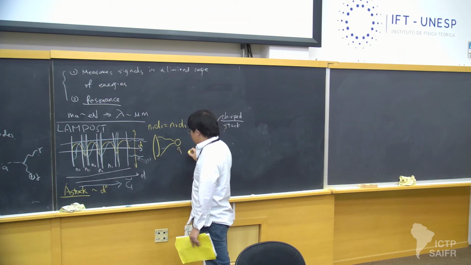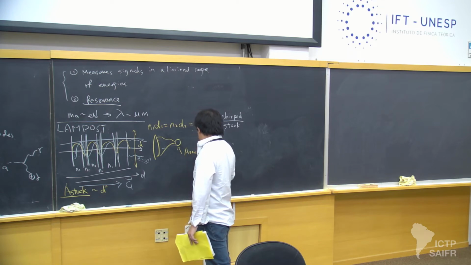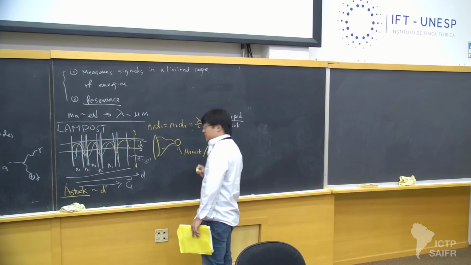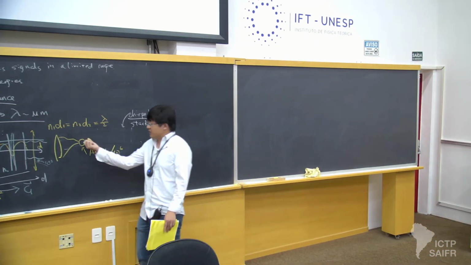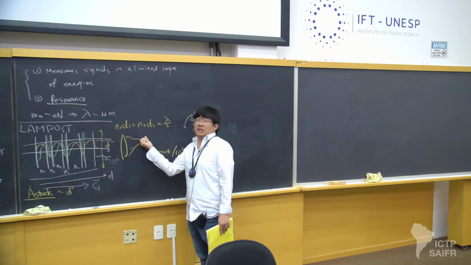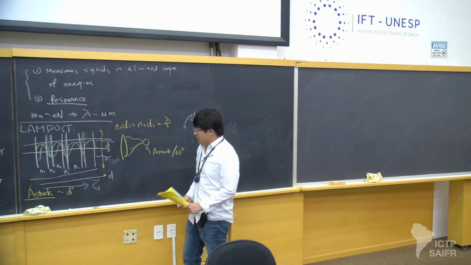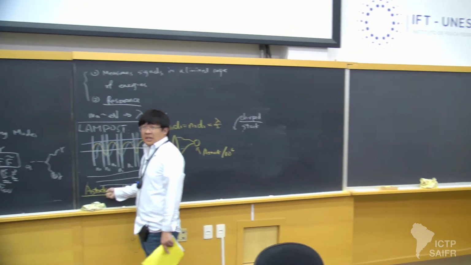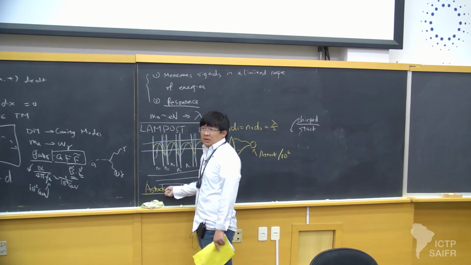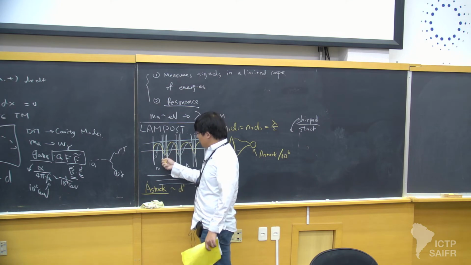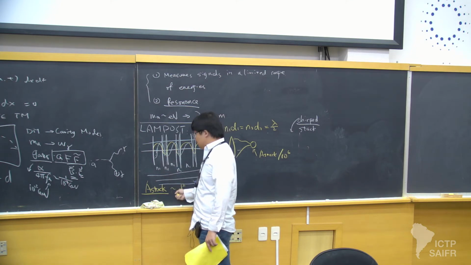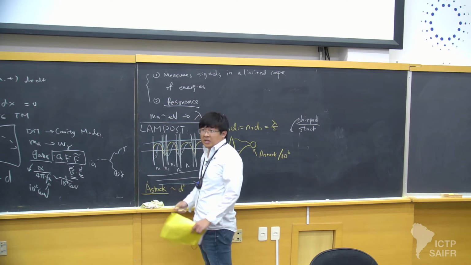It can be basically the stack area over 10 to the 6. As long as I can build a detector which is big enough, I can collect all the photons. Here, I want this stack to be as big as possible, because I want to convert as many photons as I can. I want this volume to be as big as possible. So let's say I take d equals 10 centimeter.